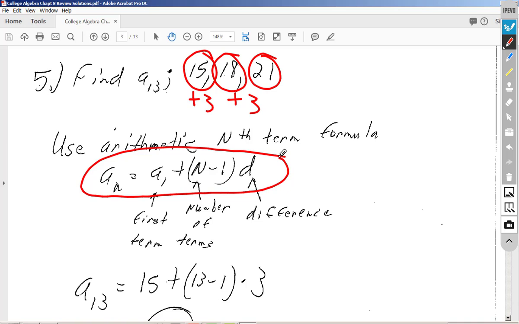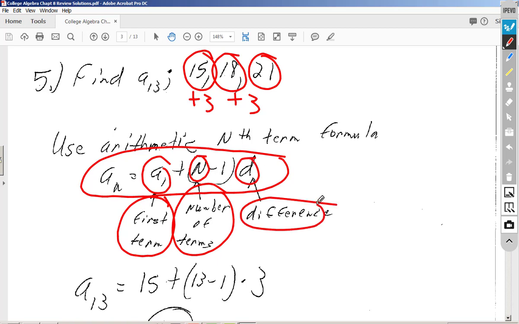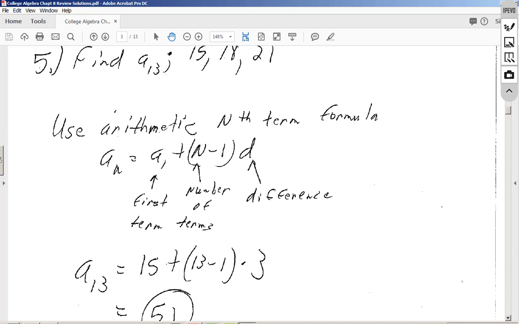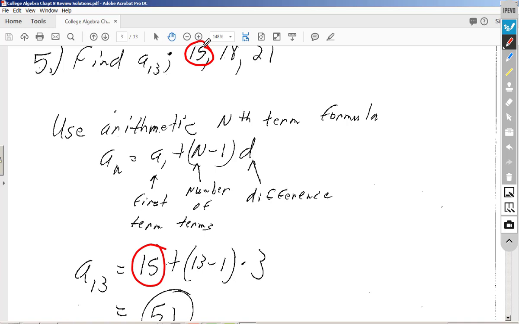So basically, you just have to remember what each piece of this formula means. This a sub 1 is your first term, and n minus 1 is the number of differences you're going to add. And this d is your common difference, which is right here, 3. So rather than writing out this sequence, 15, 18, 21, 24, 27, 30, and so on, to find the 13th term, I just have to remember that here's my first term, which is 15.